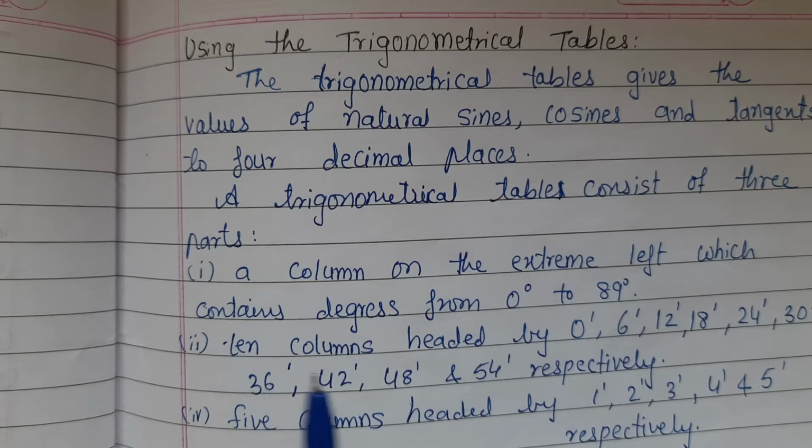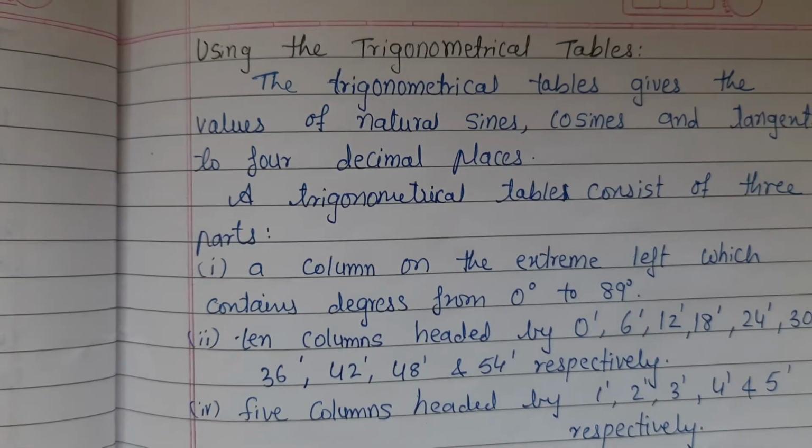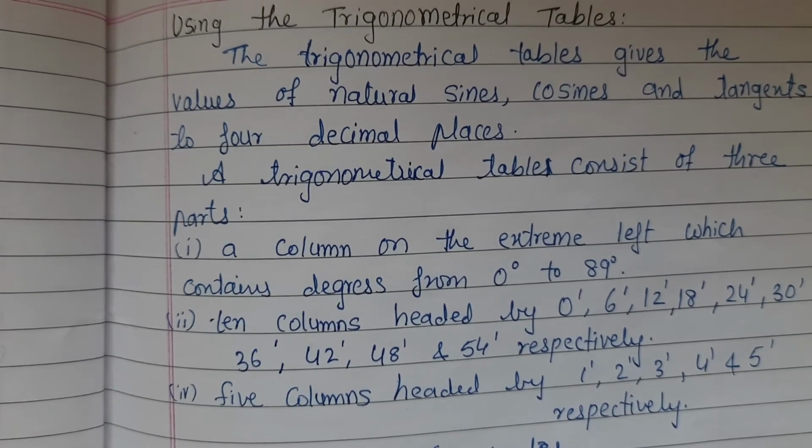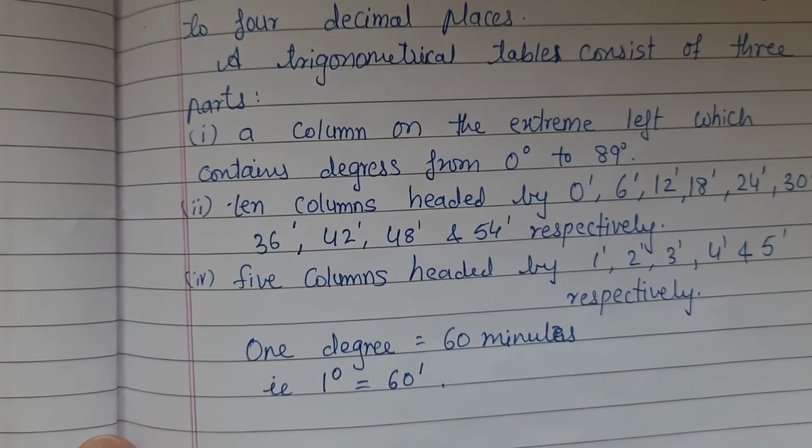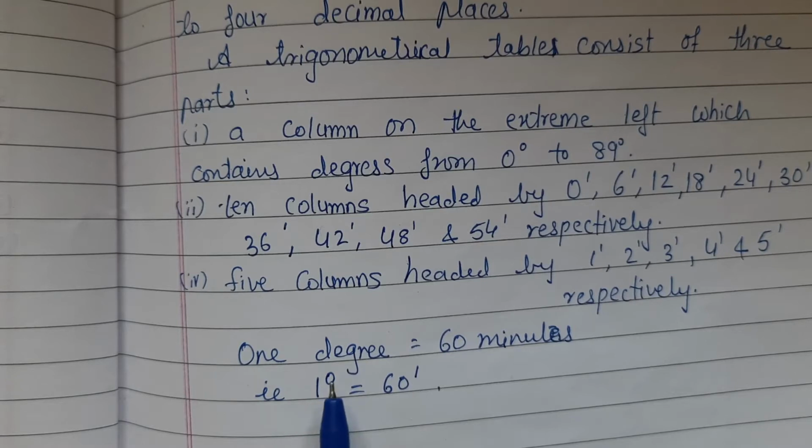Second part, 10 columns headed by 0 minute, 6 minute, 12 minute, 18 minute, 24 minute, 30 minute, 36 minute, 42 minute, 48 minute and 54 minute respectively. Third part, the 5 columns headed by 1 minute, 2 minute, 3 minute, 4 minute and 5 minute respectively. 1 degree is equal to 60 minutes.